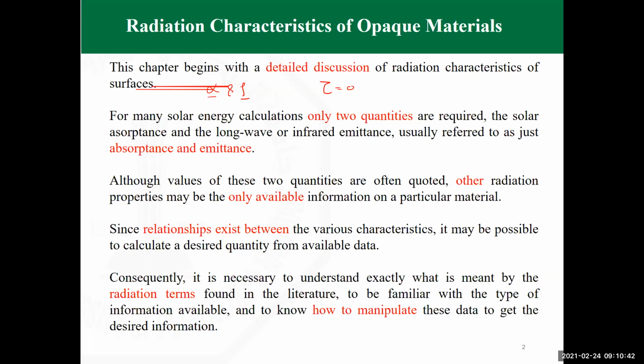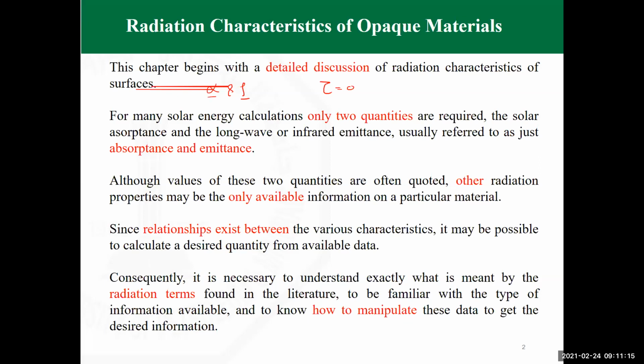You have a certain surface at a certain temperature, and we know that any surface above 0 Kelvin, the absolute zero, the thermodynamic zero temperature, starts emitting radiation. So basically, absorptance and emittance are the two basic functions that we might be interested in. Definitely, we'll be talking about reflectivity as well, because we will see how the reflectivity is crucial in the determination of these two properties, the absorptance and the emittance.